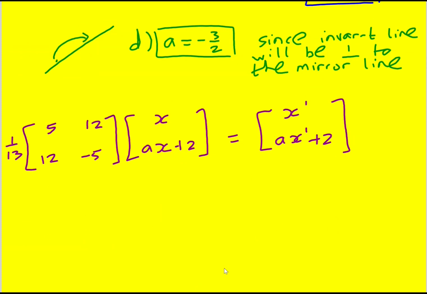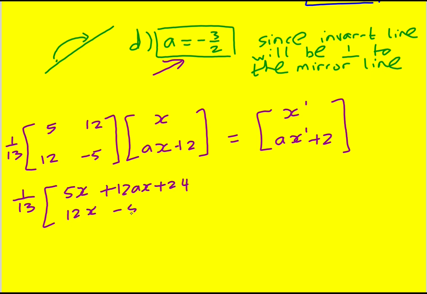This is the equation I've got to try and deal with now. So again, I'm going to multiply out the matrix. Of course, you don't want to do it like this. You want to do it just that quickly, but it's worth practicing, just like I said. So 5x plus 12ax plus 24, and then 12x minus 5ax minus 10.